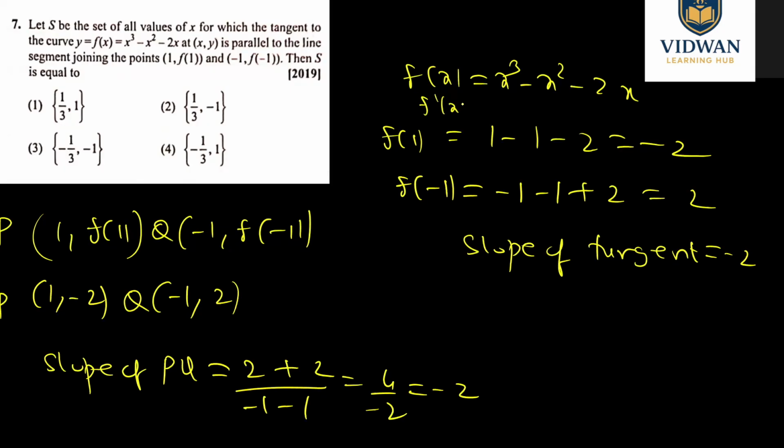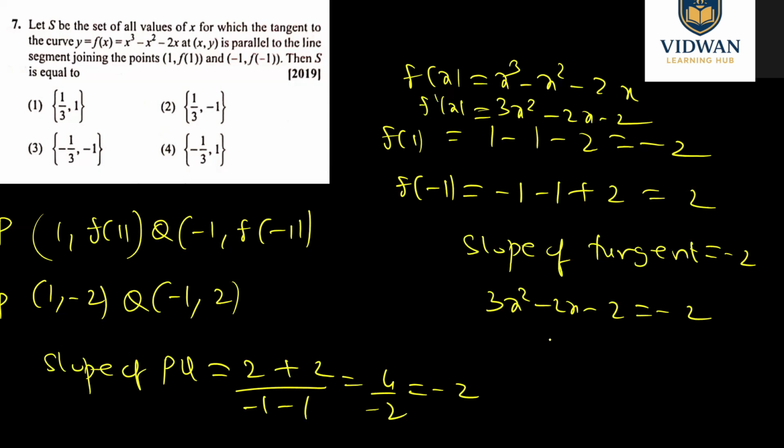So what is the derivative of f dash x? 3x square minus 2x minus 2. So you are going to equate that with -2. And whatever values of x you get here, that you have to write down. So clearly, what do you get when you solve it? They're saying 3x square minus 2x minus 2 should be equal to -2. So you are getting 3x square minus 2x is 0.